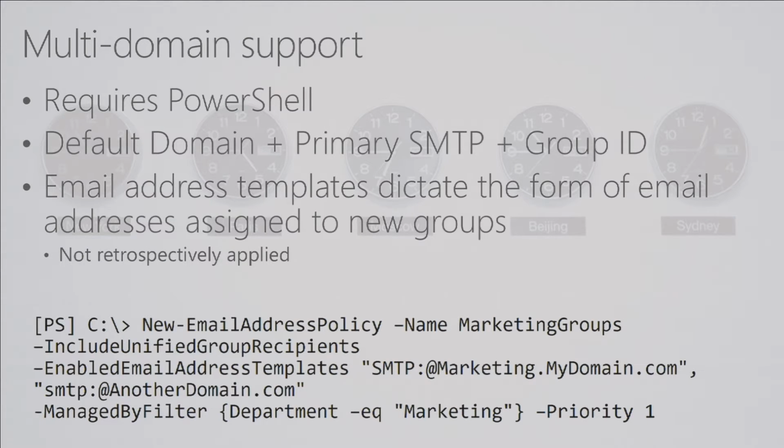We have the default domain, which cannot be a federated domain in Office 365. So whatever is your default domain, whenever an Office 365 group is created, you'll see that it says, this is your group ID. It's the name of the group without spaces at that default domain.